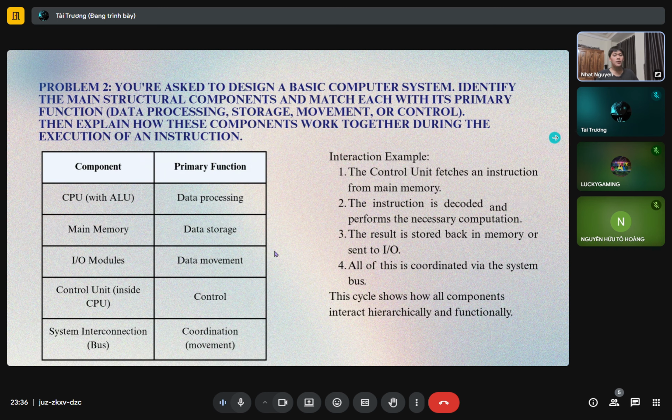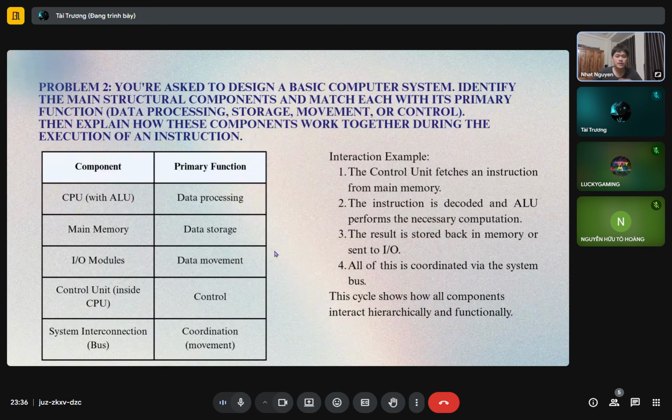The components are the CPU with the ALU, the main memory, the I/O modules, the control unit, and the system interconnection. The primary functions are data processing, data storage, data movement, and control coordination.